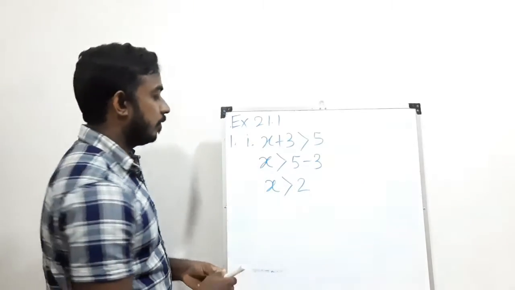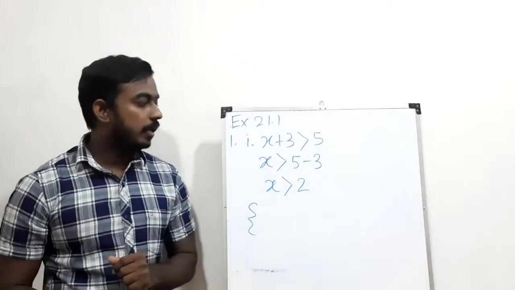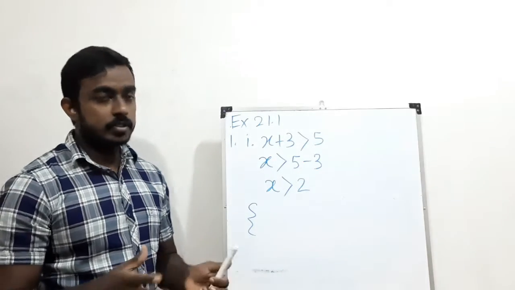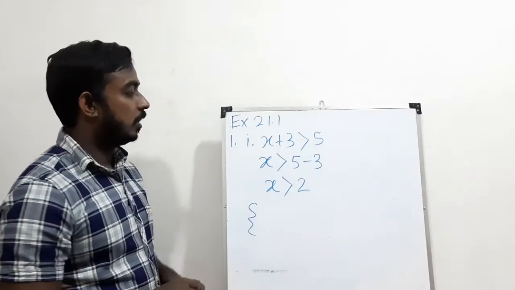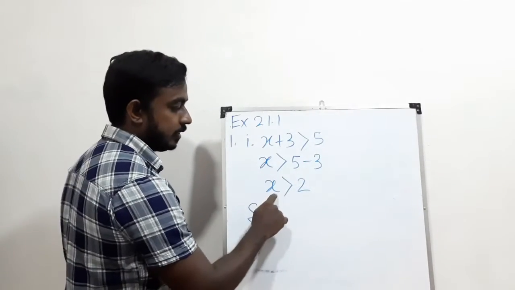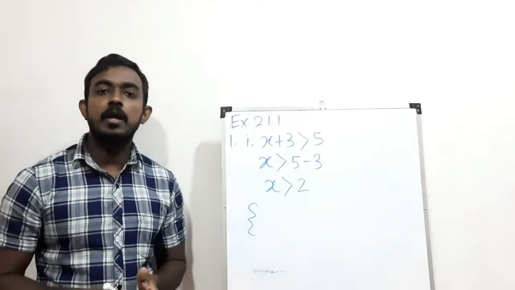As they have given us that set of, I am going to use a double bracket and I am going to write the integral solution, the positive values. Here x is greater than 2. X is greater than 2 means what are the values which are greater than 2?